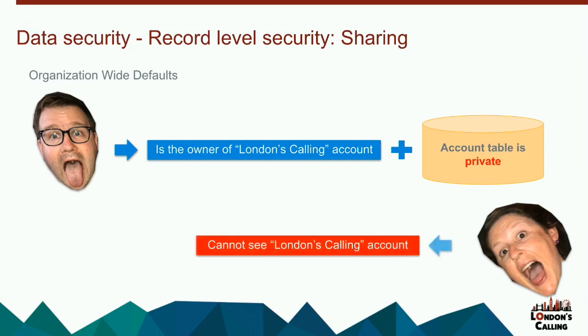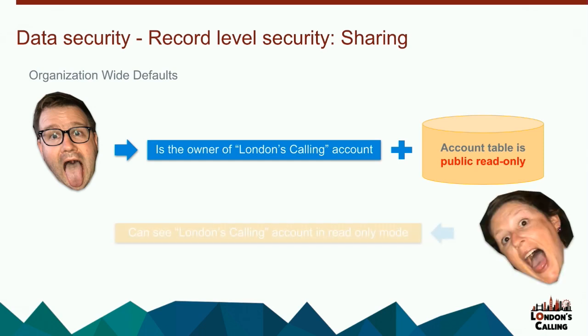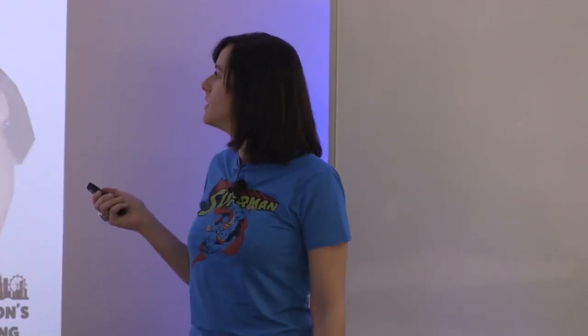In this case, if Stephanie tries to see this record, she won't be able even to see the record. She won't be aware of the existence of this record in the organization. However, if we change the sharing model of the table to be public read-only, Stephanie will be able to see the London's Calling account, but in read-only mode.